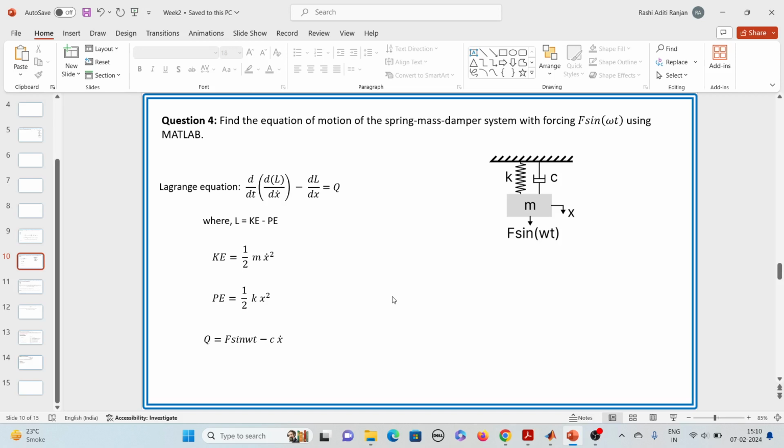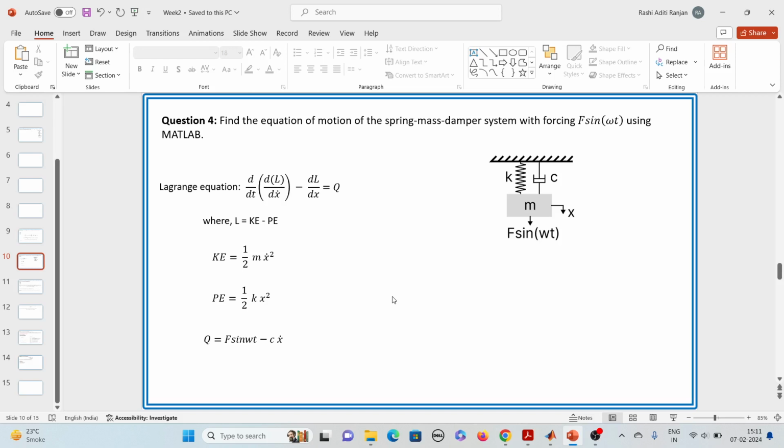It was there in order to consider the contribution of the non-conservative forces in the energy equation so that we get the correct equation of motion. This is also a non-conservative force. So in the Lagrange equation, how are we going to consider it?